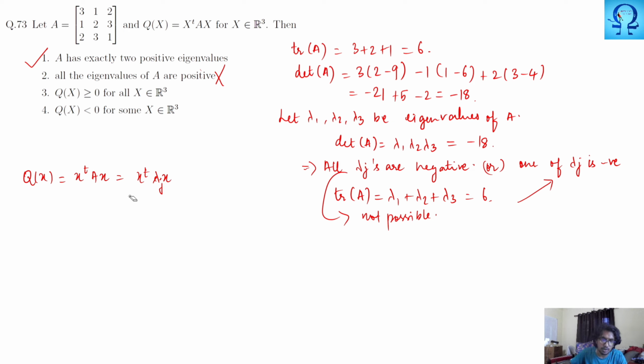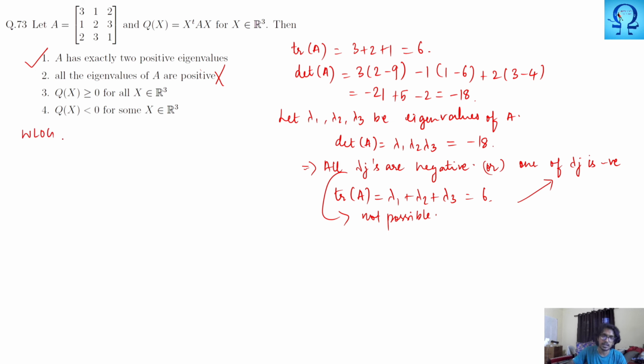So what am I doing here? We had 3 eigenvalues, lambda 1, lambda 2, lambda 3. Out of the 3, 1 is negative. That is what we just proved.